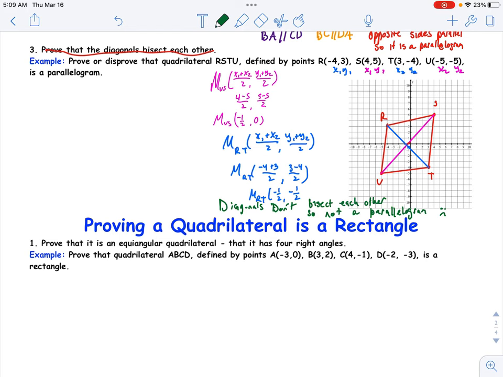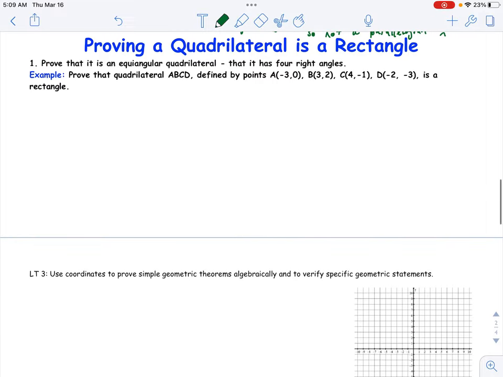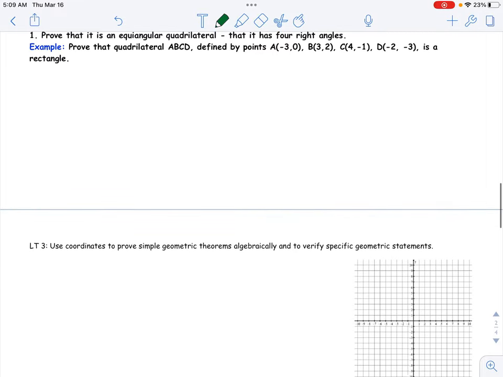Okay, proving a quadrilateral is a rectangle. Prove that it is equiangular, a quadrilateral that has 4 right angles. So these are the points here. Somehow my graph fell down here. That's okay. We'll still make it work. We're just proving 4 right angles.